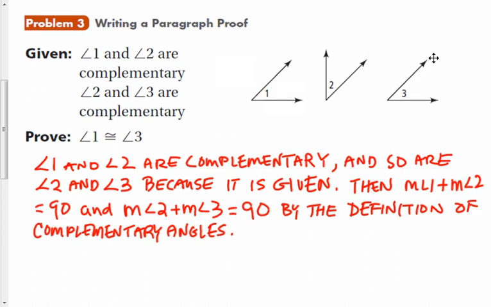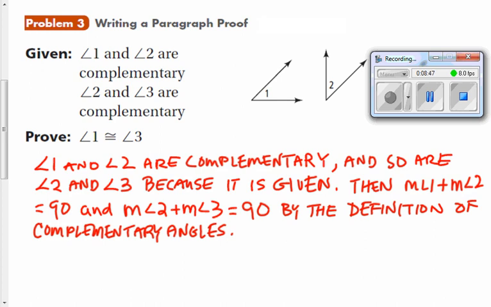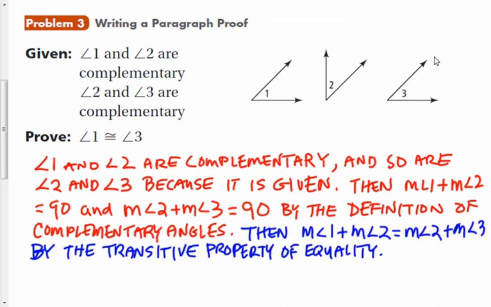Our third sentence will be something like, then the measure of angle 1 plus the measure of angle 2 is equal to the measure of angle 2 plus the measure of angle 3 by the transitive property. Then we'll say by the subtraction property of equality, the measure of angle 1 is equal to the measure of angle 3.